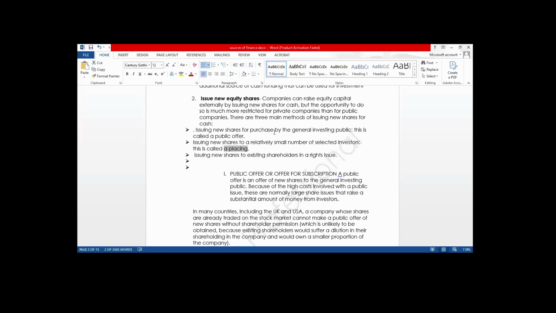Please note, although placing is cheaper, it could give rise to dilution in ownership.